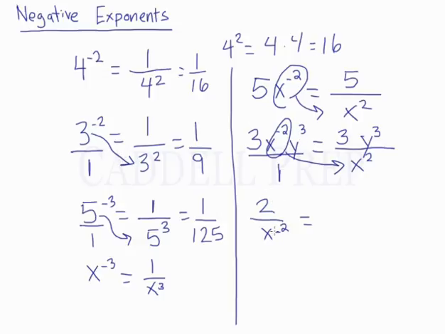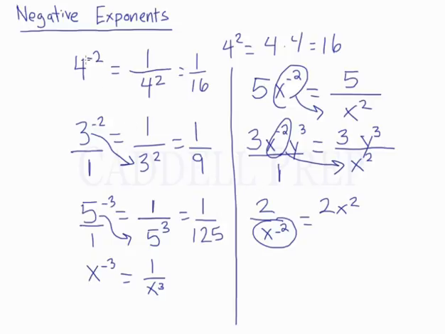In this case, we have a negative 2 in the denominator. So what we're going to do is we're going to take from the denominator and move it to the numerator. We're going to do the opposite. So the 2 stays on top. This x to negative 2 is going to move out of the denominator and move up here, x squared.